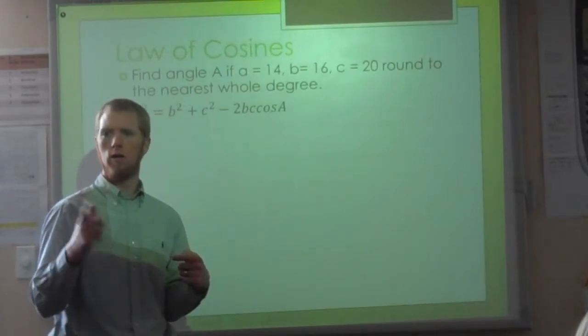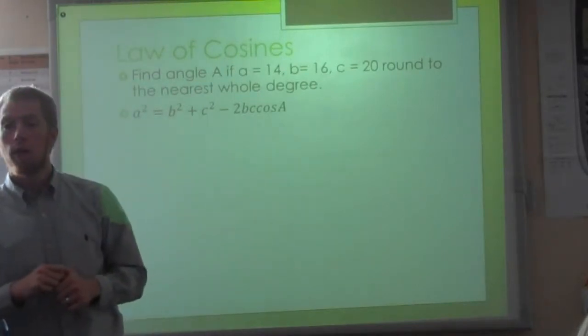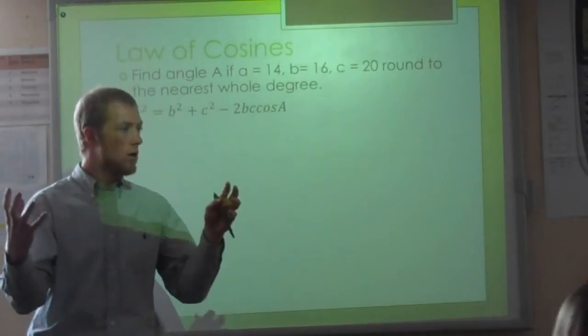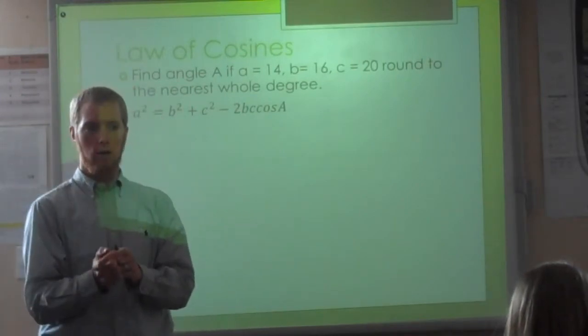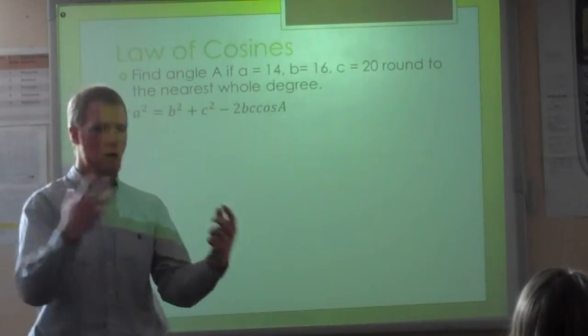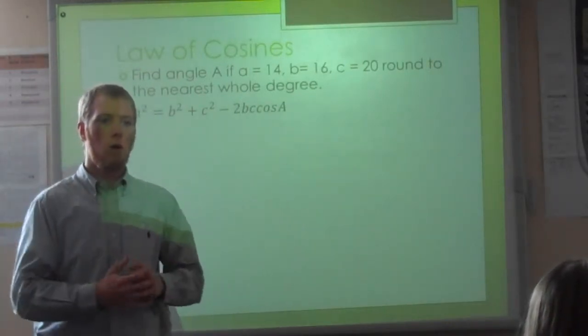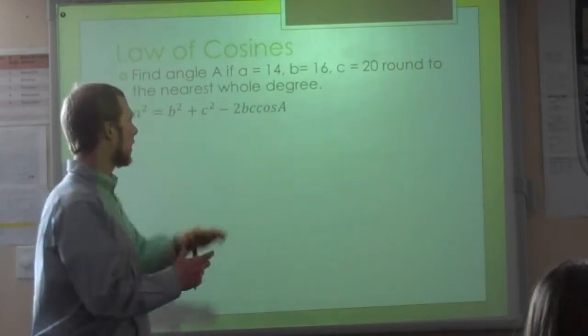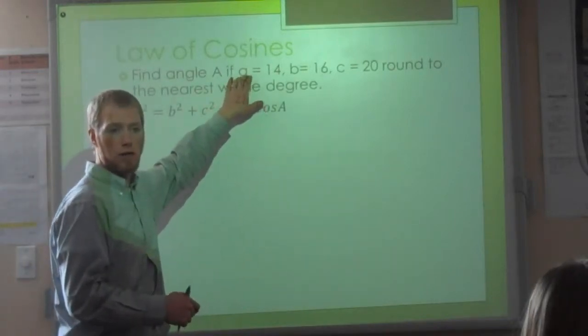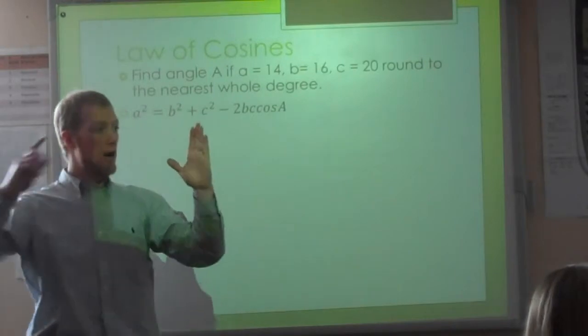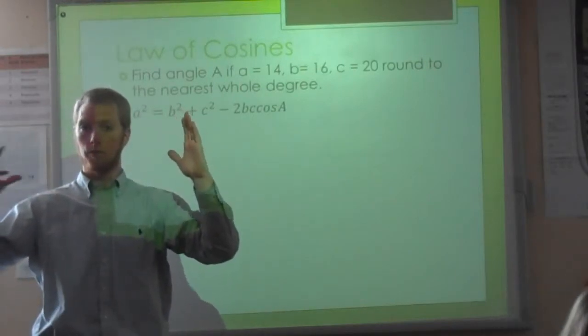They're the same, because it really doesn't matter what's A and what's B and what's C. In fact, when we're given JKL, there's no A, B, C. What matters is that lowercase a, which always represents the side, will always be opposite the angle.